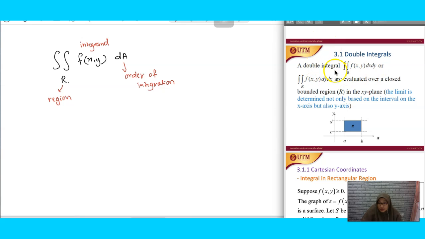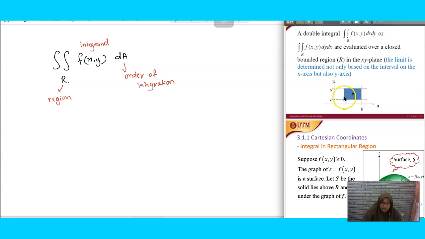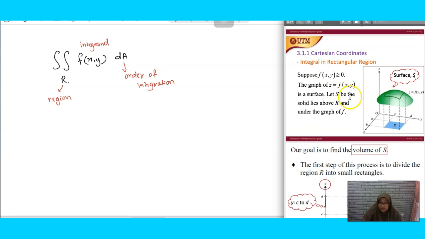Here we can say that this is a double integral, and there are two types of double integral, where we have dx dy or dy dx, and these are evaluated over a closed bounded region in the xy plane, which means that the region is lying on the xy plane.